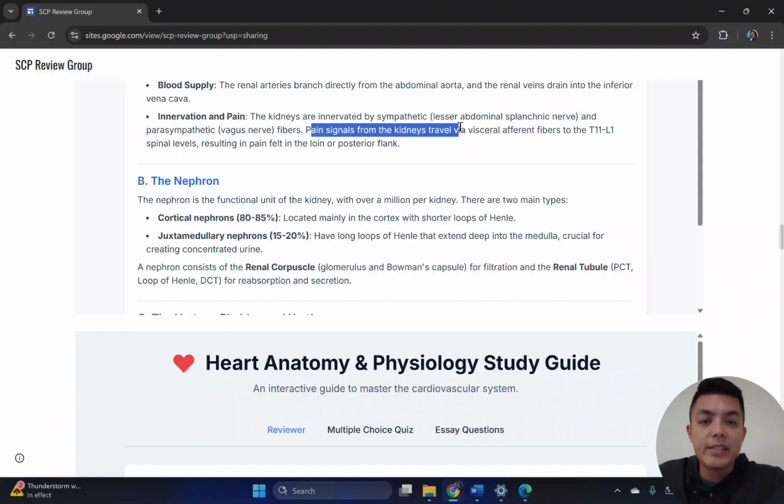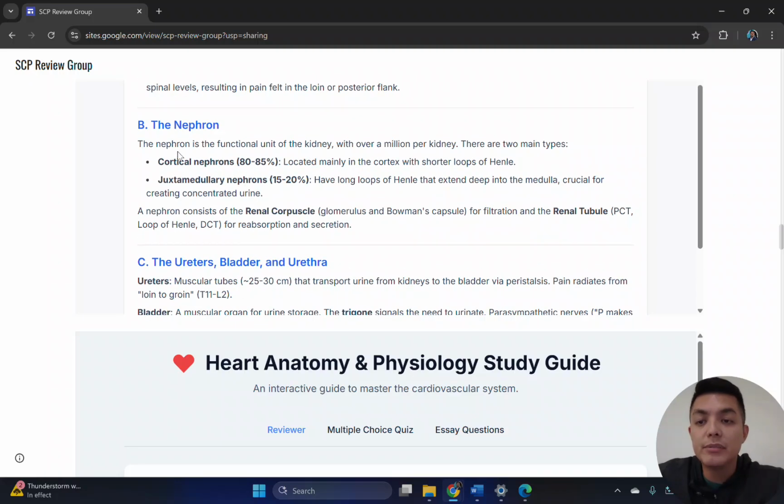Pain signals from the kidneys travel via the visceral afferent fibers to the T11 to L1 spinal levels, resulting in pain felt in the loin or posterior flank.